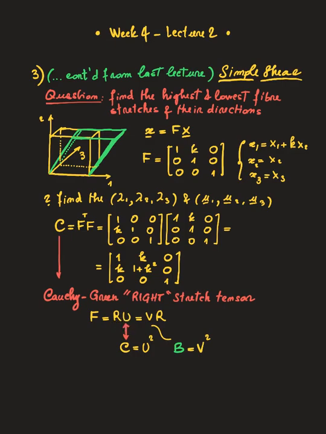There is a multiplication of two tensors, and the stretch appears here. So this is the reason it takes the name of right stretch, okay? And analogously, B, which is related to V, appears at the left, and this is the reason this second tensor is called the Cauchy-Green left stretch tensor.